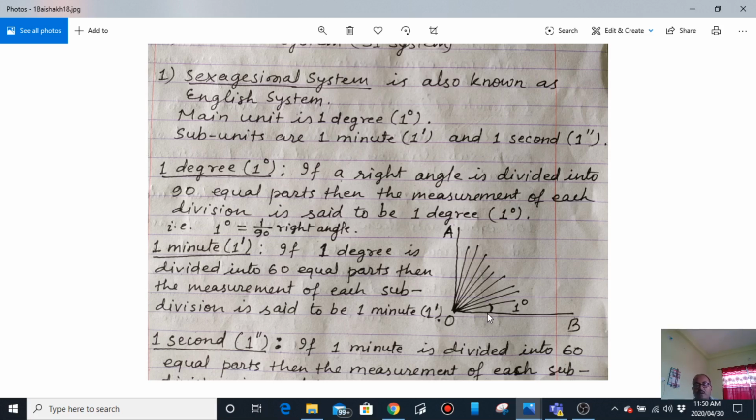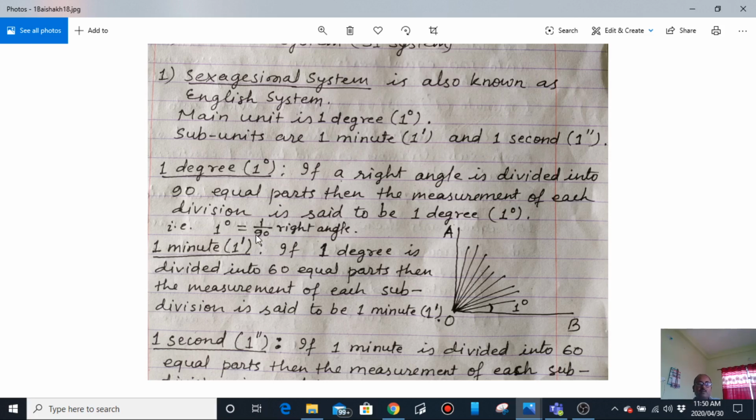So double of 1 degree will be 2 degrees. 10 times 1 degree will be 10 degrees. And 90 times 1 degree will be 90 degrees. So you can also say 1 degree is 1 by 90th part of a right angle.